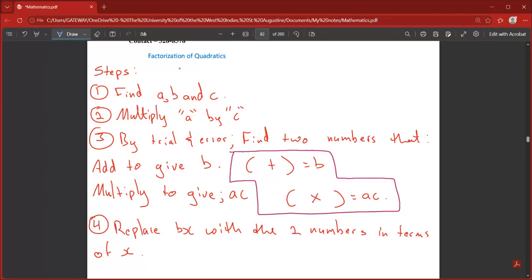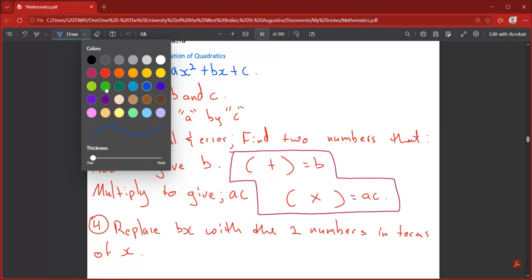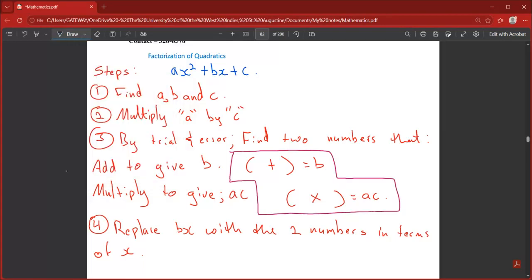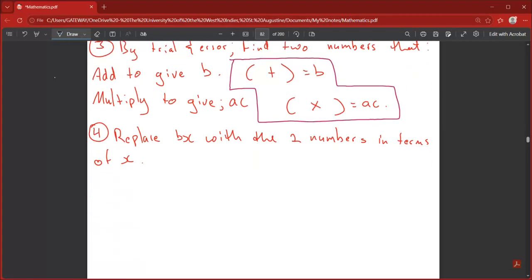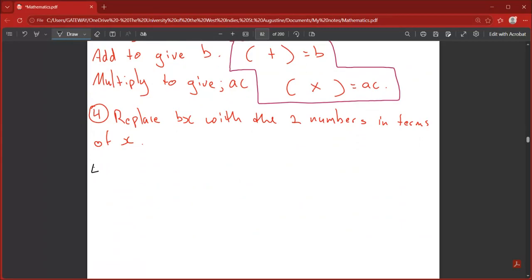Now this works for when you have a quadratic of the form ax squared plus bx plus c. So let's look at some examples here now. Example one, let's say you have x squared plus 4x plus 3.